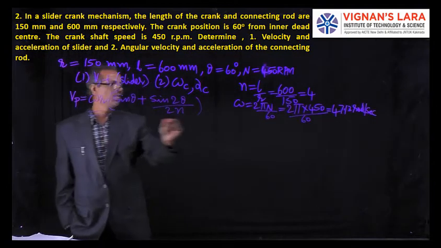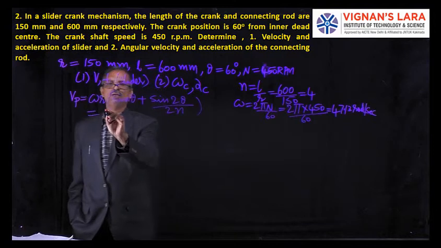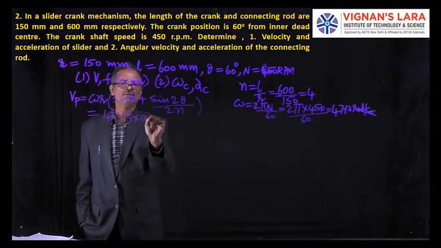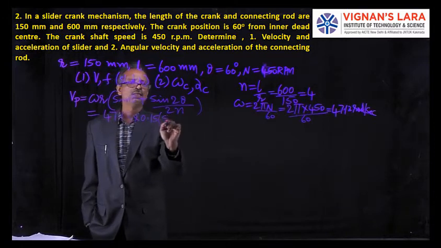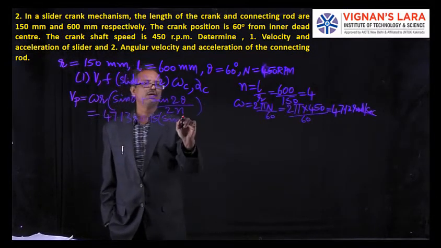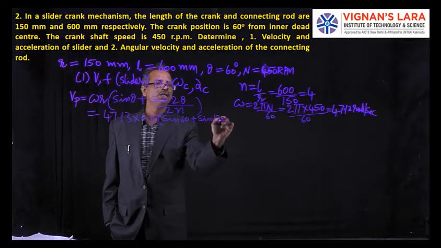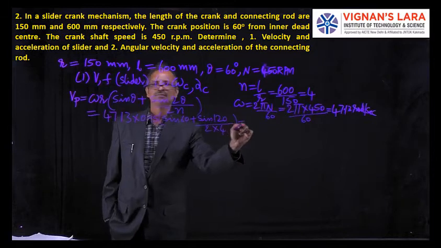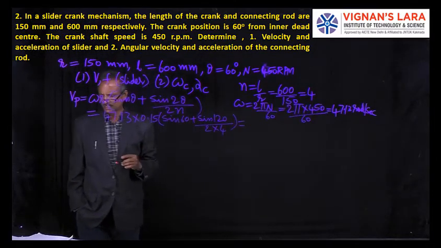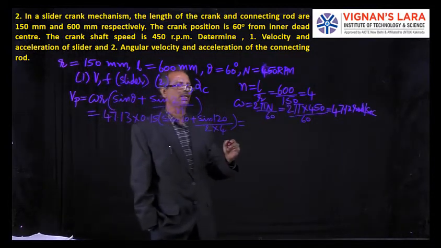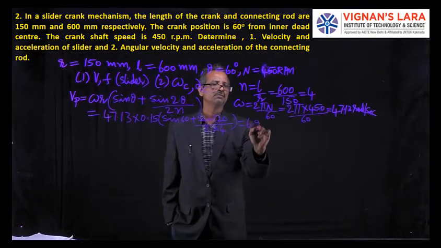Omega we have the value 47.13 and R is 0.15, let me put it in meters. Sin theta 60, sin 2 theta 120, 2 into 4. By substituting this, the velocity of the piston, you get 6.9 meters per second.